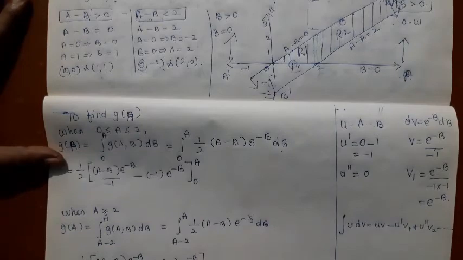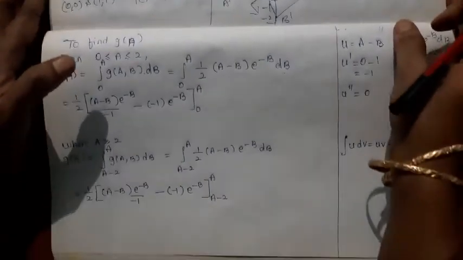The limit is from a minus 2 to a. The limit alone is changing, right?